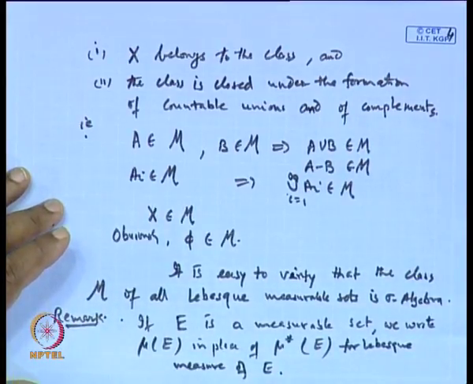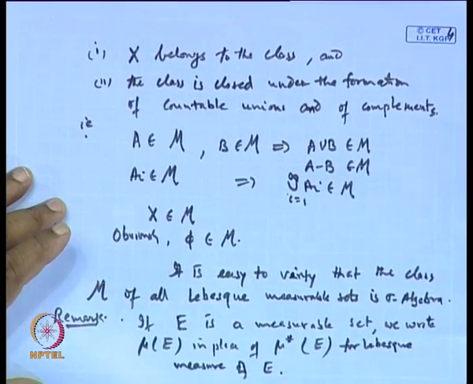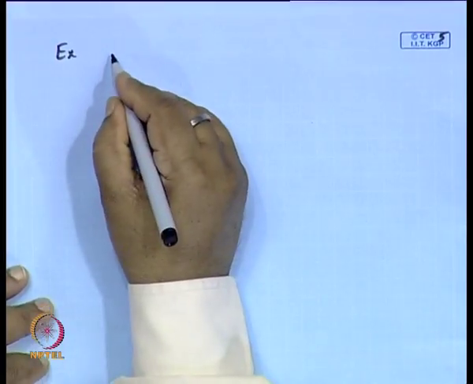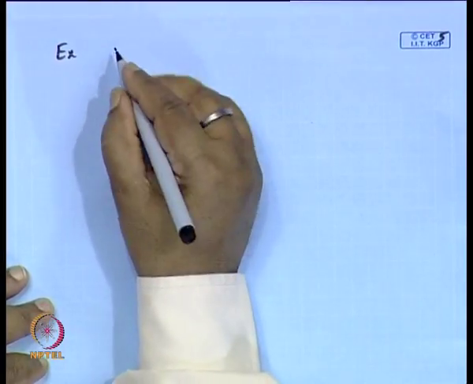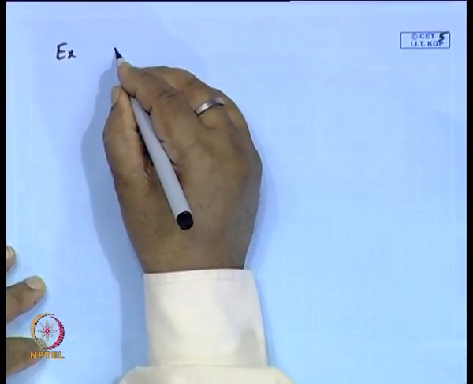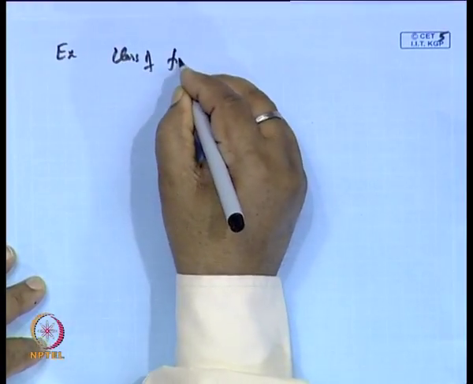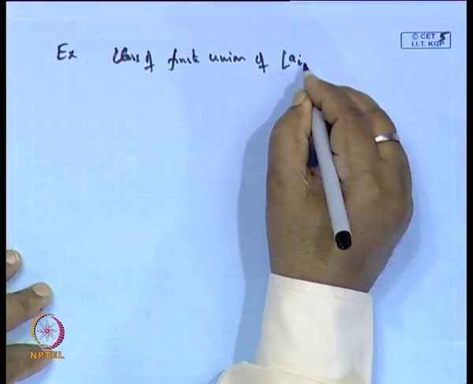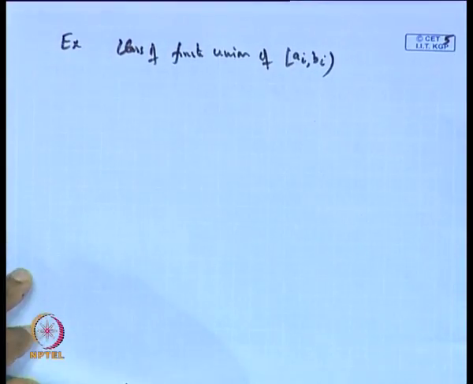Okay. And this we use. Now, every interval is a measurable set, so there is nothing to prove here. Let me take an example. Suppose we consider the class X as a class of finite unions of intervals of the form semi-closed interval [a_i, b_i).